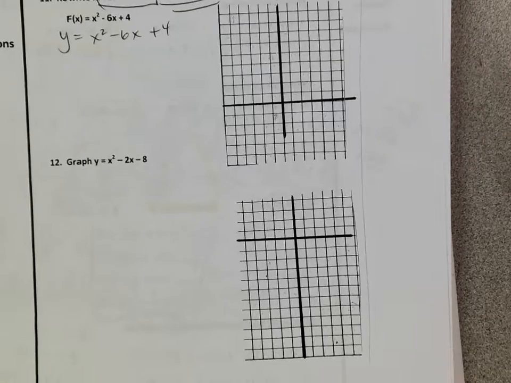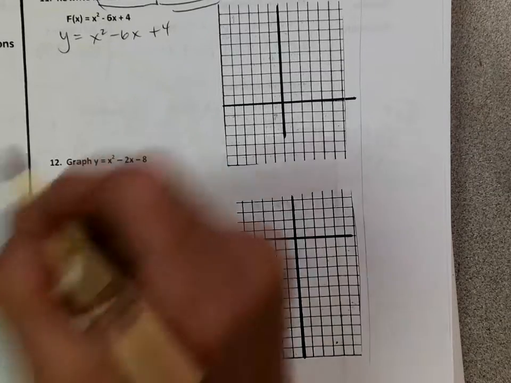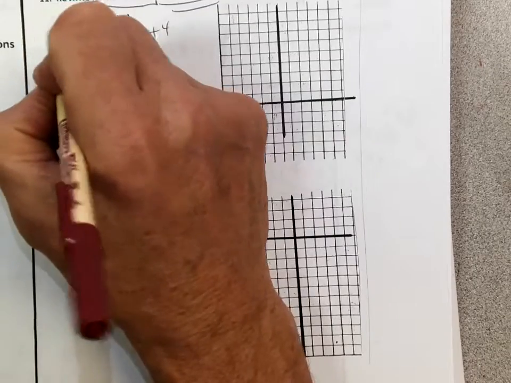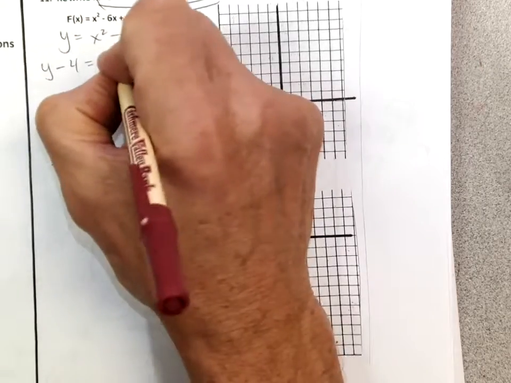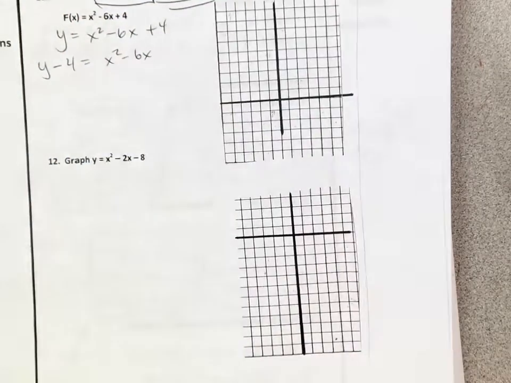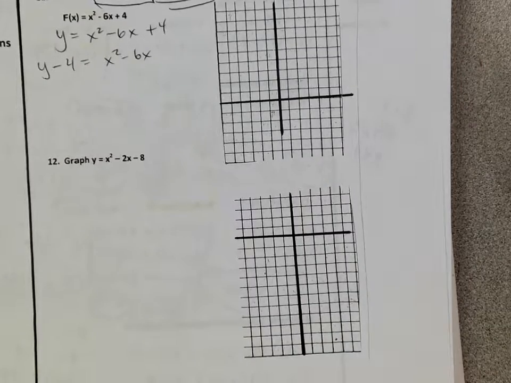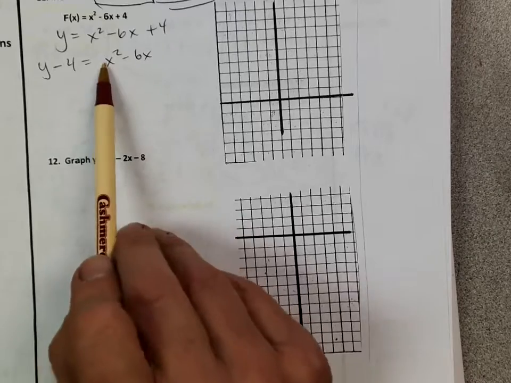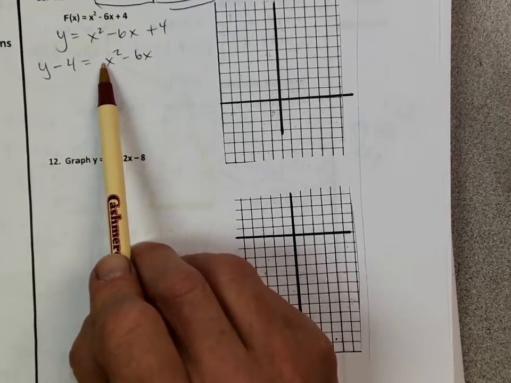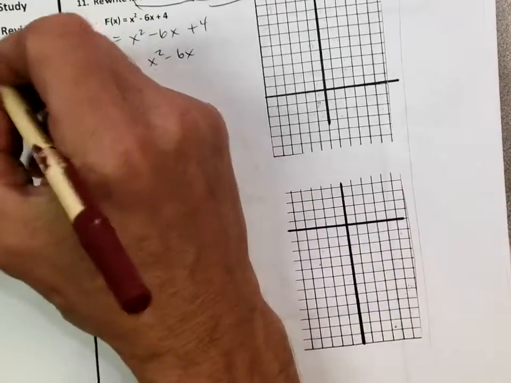Step 1. Y minus 4 equals x squared minus 6x. Okay? Step 2. There is no A, right? So step 2 doesn't have to be done, okay? What is B? Step 3, what is B?